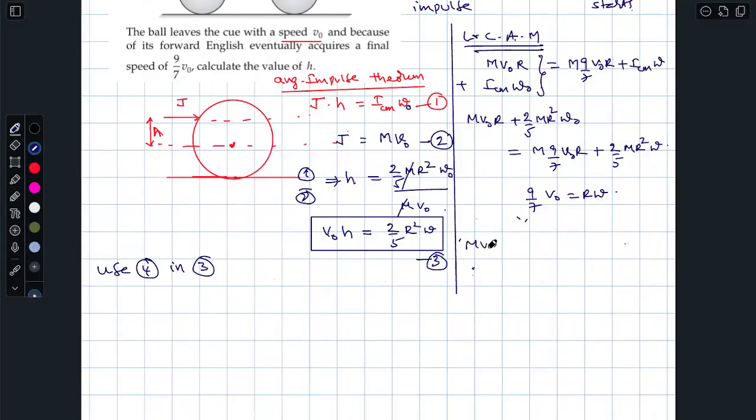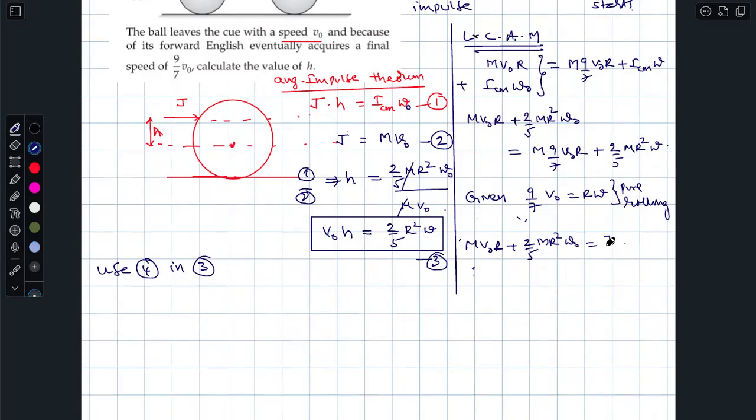So m v naught r plus 2 by 5 m r square omega naught, pure rolling. This is equal to, please tell me, 9 by 7 v naught m r square omega.